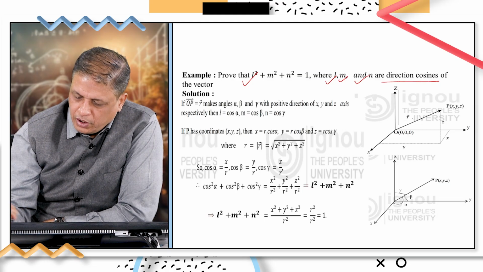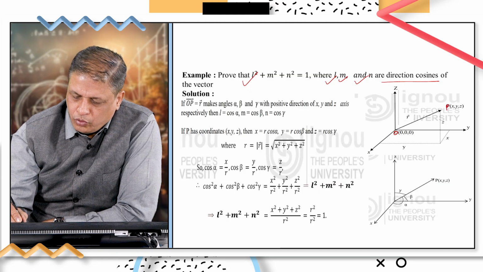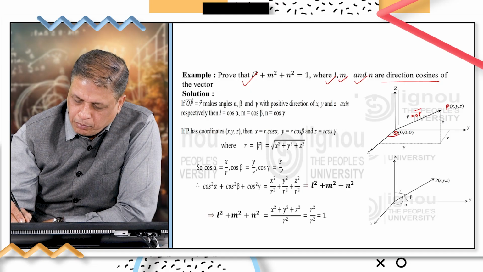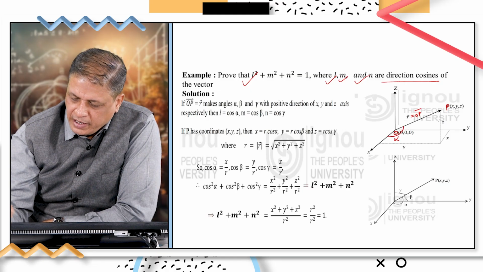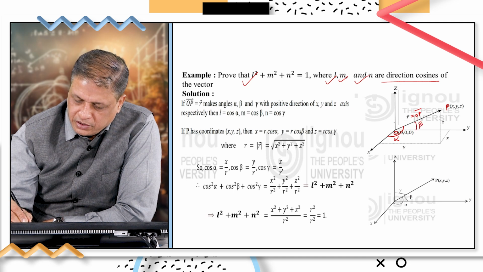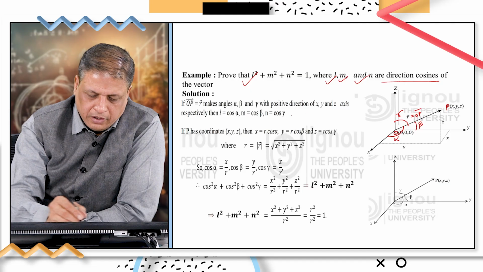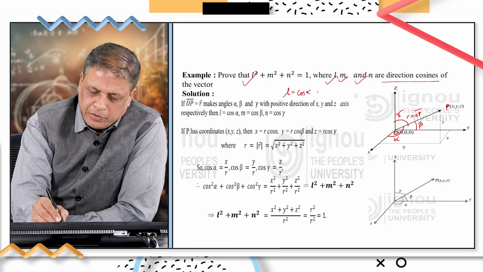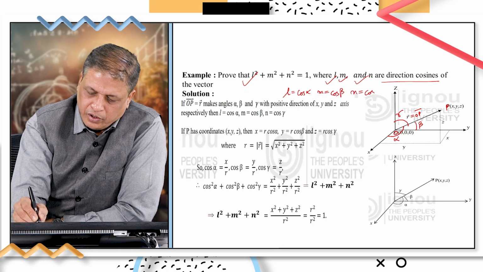So, again it is the same thing, say OP is the vector, and it is subtending some angle with the positive part of x, y and z axis, say alpha, and say this is beta, and say this is gamma. Then we already learned that L is equal to cos alpha, M is equal to cos beta, and N is equal to cos gamma.